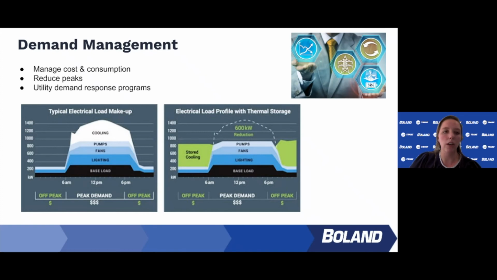You can reduce your energy use based on what the utility needs. There's also software out there to help, so you don't even have to think about it. It'll just work on its own based on the utility. So demand response programs are available for anybody to use.